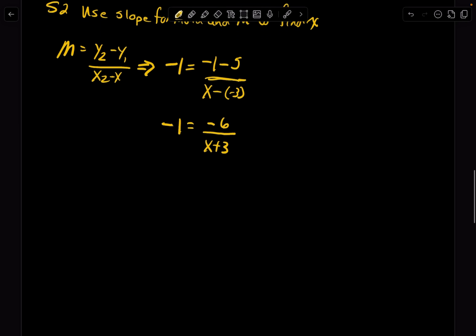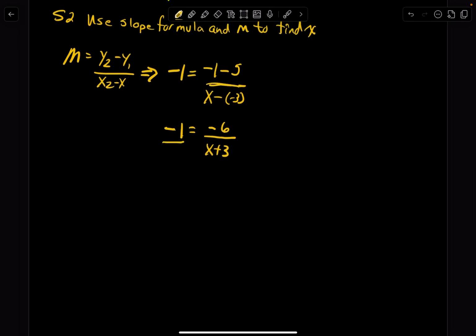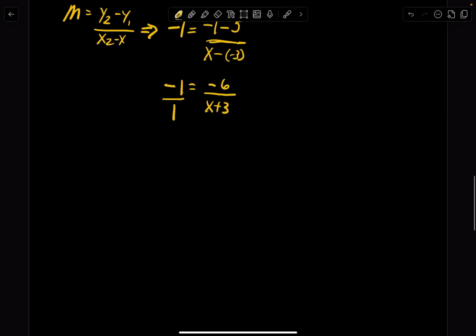Now we're going to rewrite this as negative 1 over 1. We're going to cross multiply. Negative 1 times X plus 3 is negative X minus 3. 1 times negative 6 is negative 6.